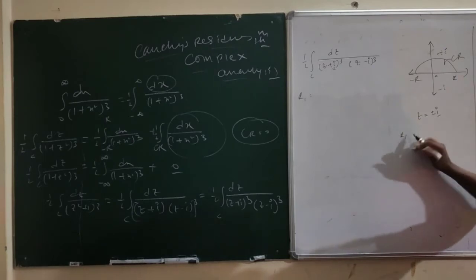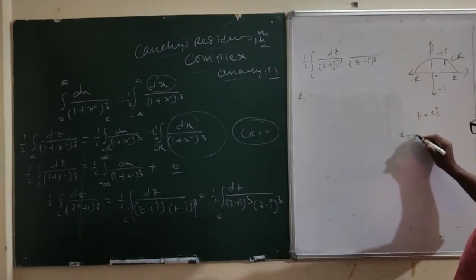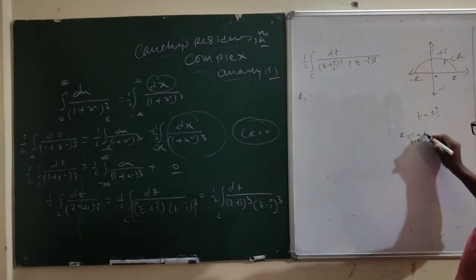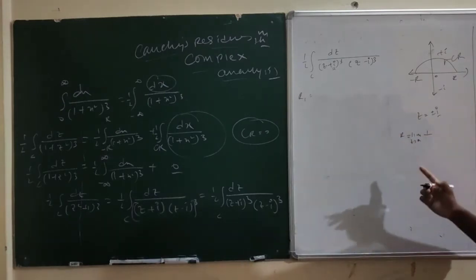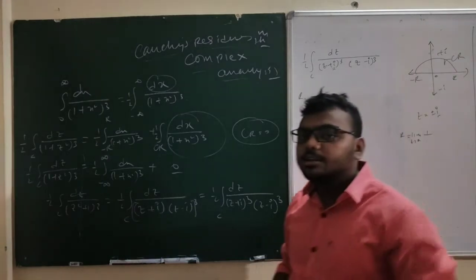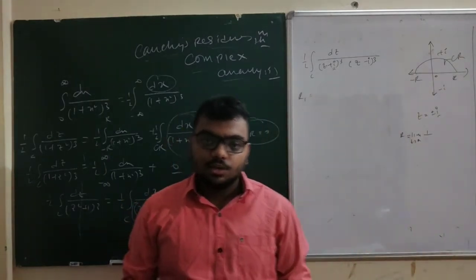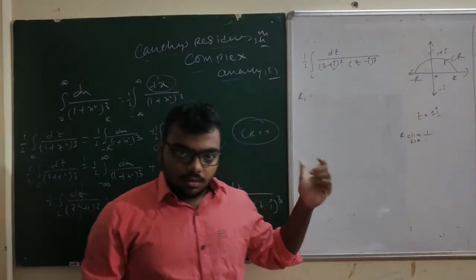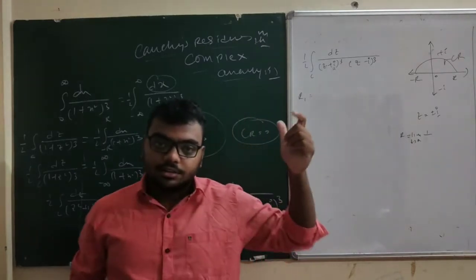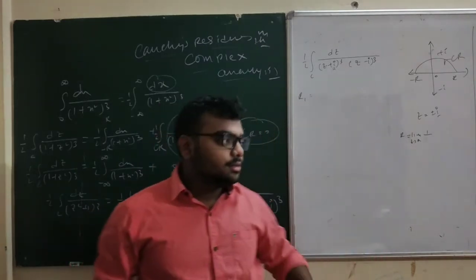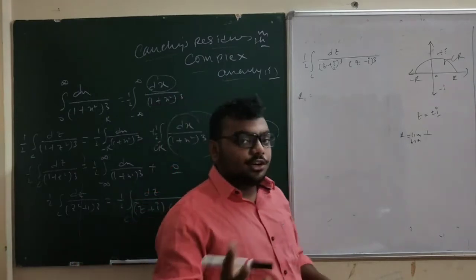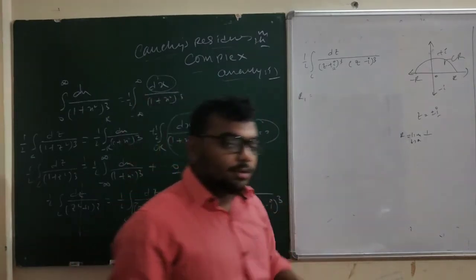So R1 is equal to the limit as z tends to a, for a pole of order n, of 1 upon (n − 1) factorial d^(n−1)/dz^(n−1) of (z − a)^n f(z). I already published a video on YouTube on the residue theorem, how to find the residue of the equation, so you may check it out from here.